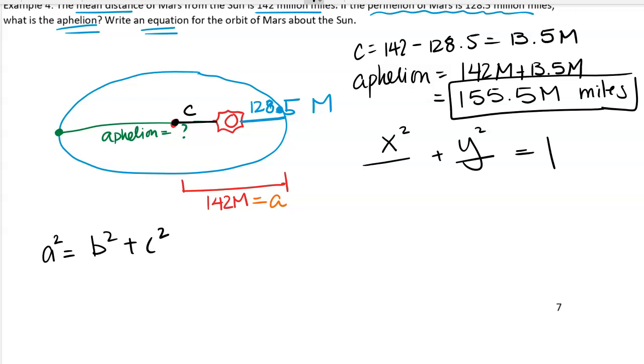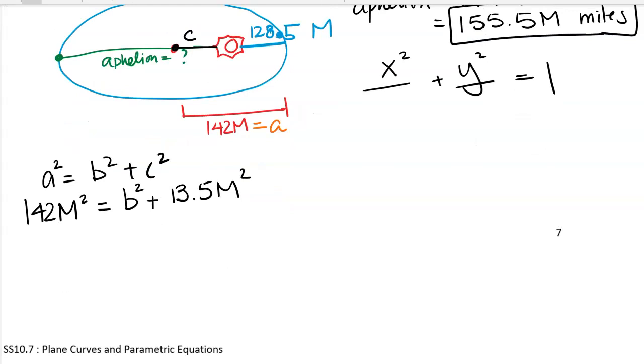Do we know a? Yeah, it's 142 million squared equals. We're looking for b, so b squared stays. b squared. What is c? 13.5. Okay, yeah, this is where I do need you guys to bust out your calculator. What's 142 squared take away 13.5 squared? Oh yeah, do it in your head.